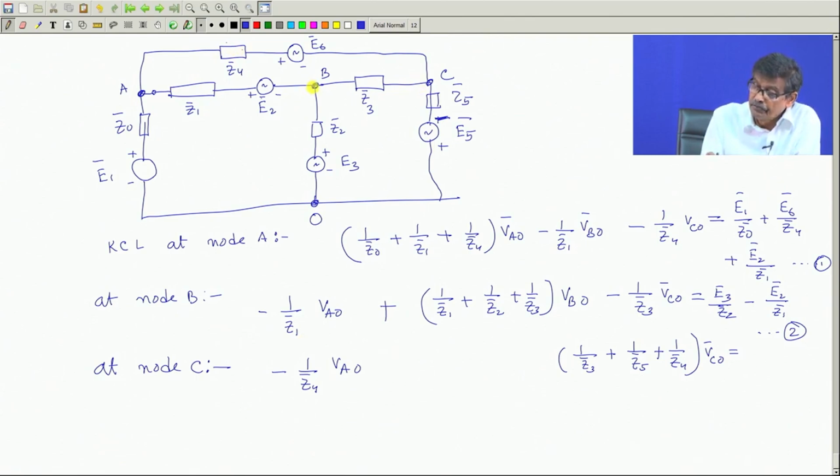Similarly, the coefficient of VBO will be simply minus 1 over Z3 into VBO, and plus this term, and this should be equal to currents here, from the sources.